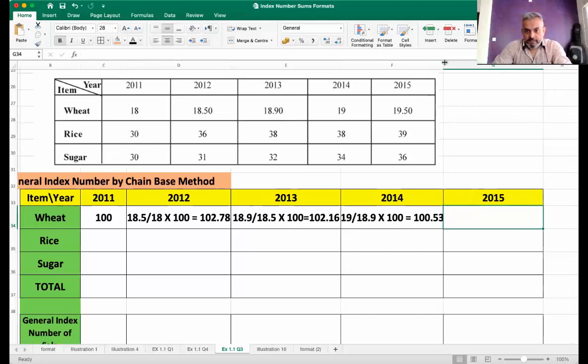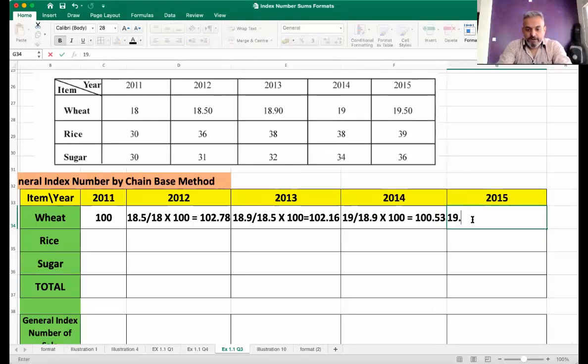And then 19.5 divided by 19 into 100, which is equal to 102.63.